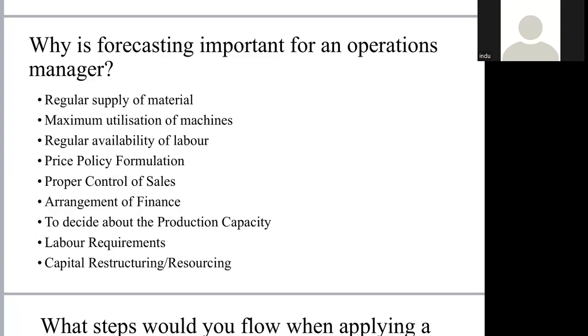And also, to properly control the sales, forecasting is required, right?